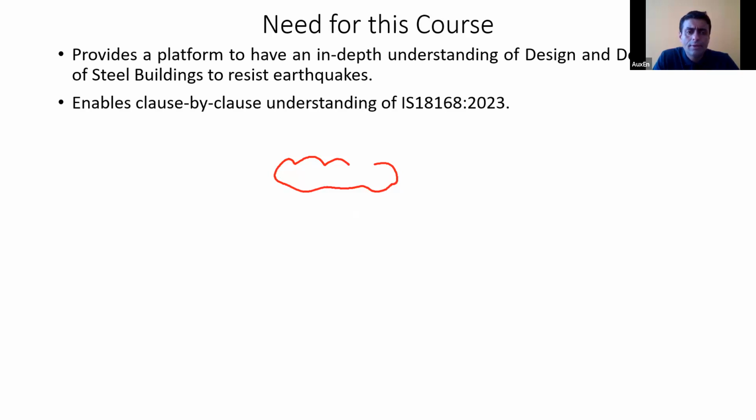I had covered this slide in the introductory session also. Through this course, we will try to provide all participants a platform to have an in-depth understanding of ERDD of steel buildings, and a clause-by-clause understanding of IS 18168.